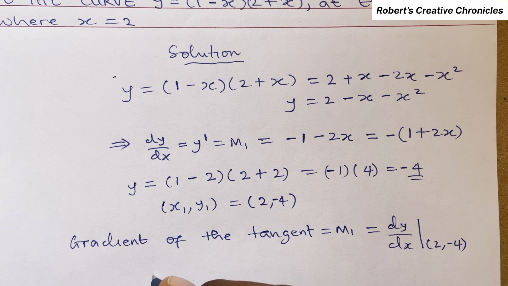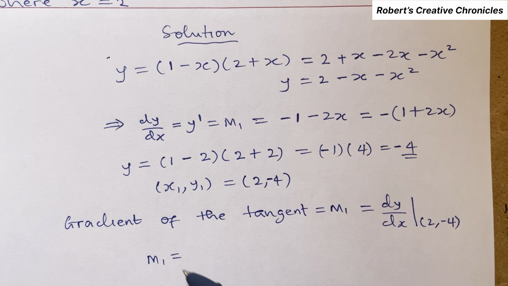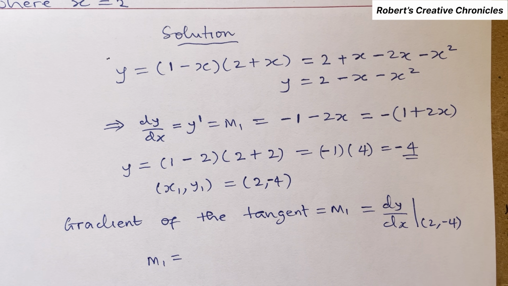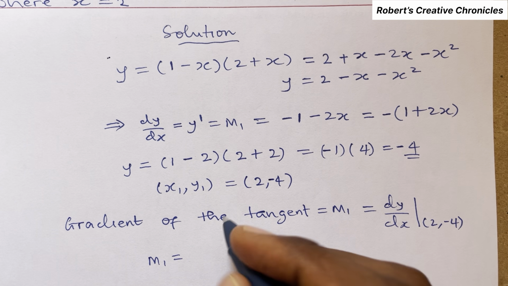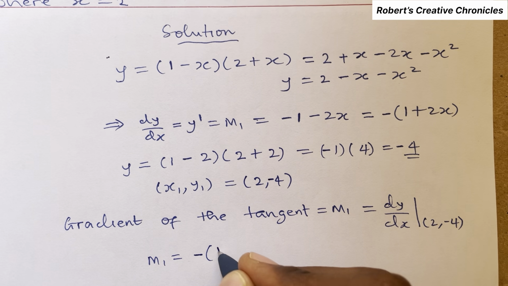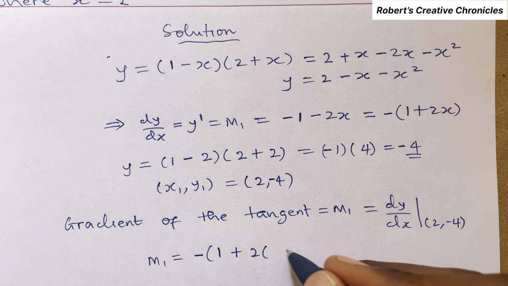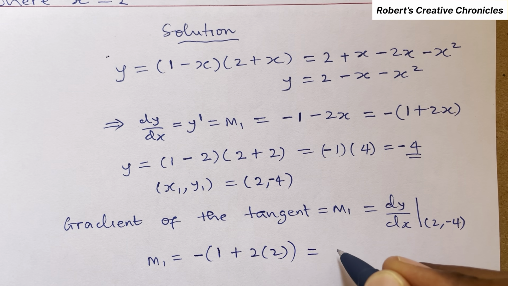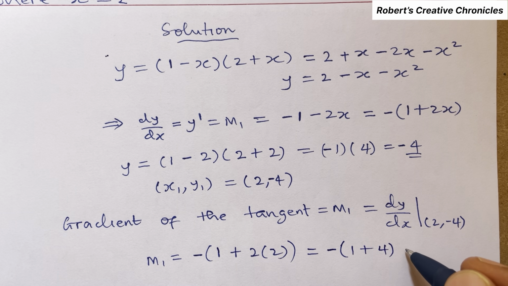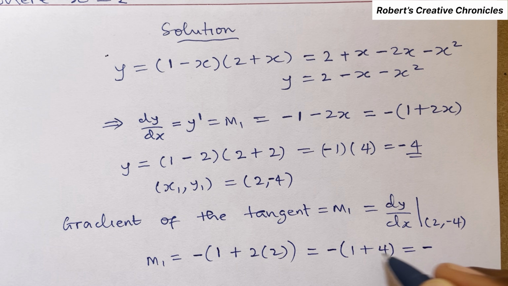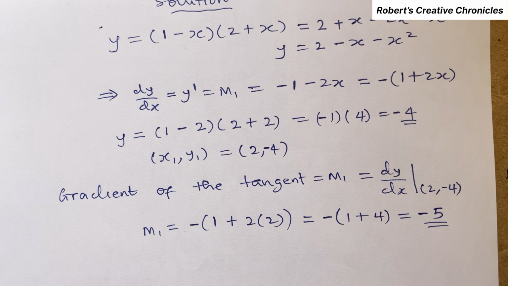So now this m1 is equals to what? We'll substitute this point in the derivative. So it's negative (1 + 2 times what? x here is 2). So this is negative (1 + 4), which is equals to negative 5. So this is the gradient of the tangent, negative 5.